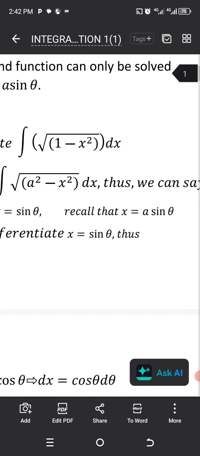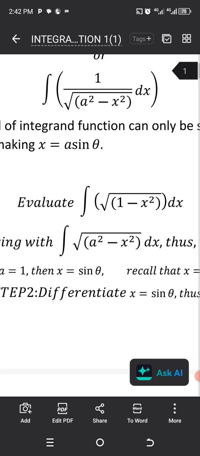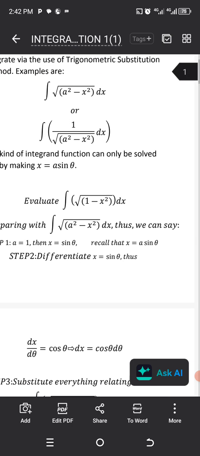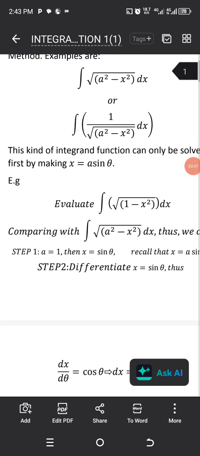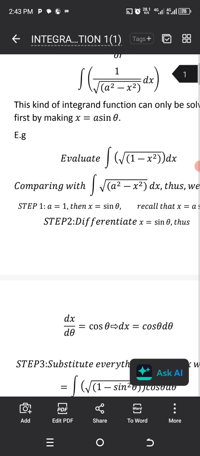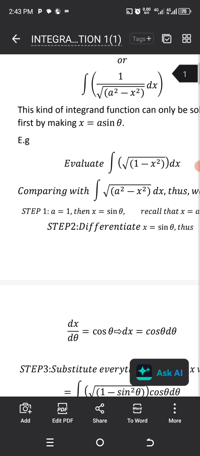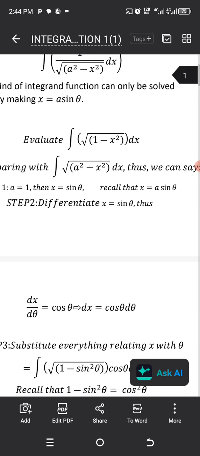Comparing the question given with the standard format of the integral, that is the integral of the square root of a squared minus x squared dx, in step one, if you do the comparison, you will see that x is equal to a sine theta, in which our a is 1. So x is actually equal to sine theta.